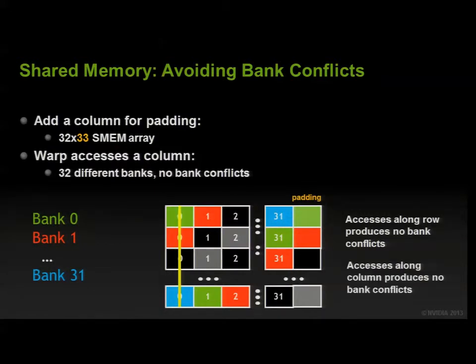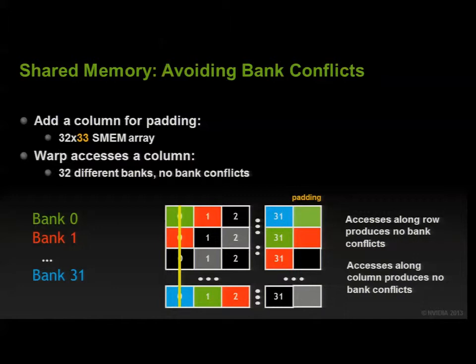And when you're writing along the columns, again, you're touching 32 different banks. So this is a very simple trick where you're wasting a little bit of memory, but you're avoiding the aliasing of your addresses when accessing shared memory.